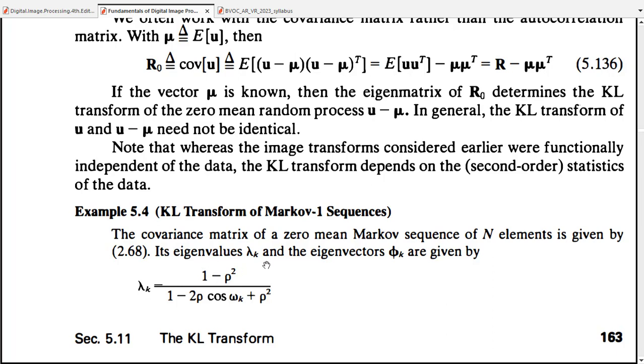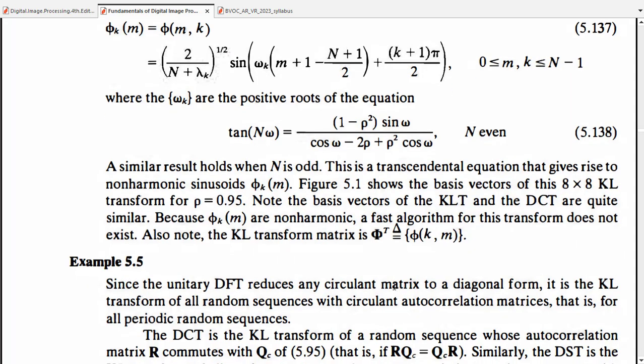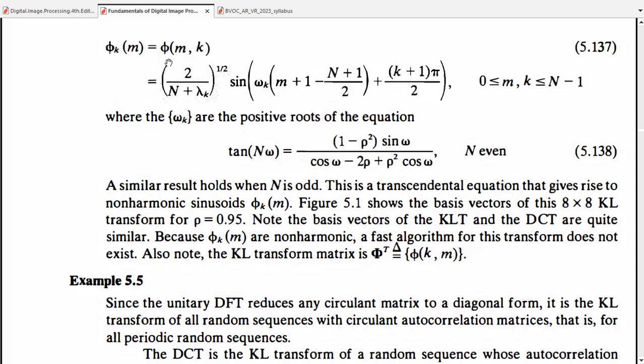Its eigenvalues lambda_k and eigenvectors phi_k are given by lambda_k equals (1 minus rho squared) divided by (1 minus 2 rho cos w_k plus rho squared). Here phi_k(m) equals (2 divided by (n plus lambda_k)) to the power 1/2 times sine of (w_k (m plus 1 minus (n plus 1)/2) plus (k plus 1) pi/2), where w_k are the positive roots of the equation tan(nw), giving the representation of the KL transformation.